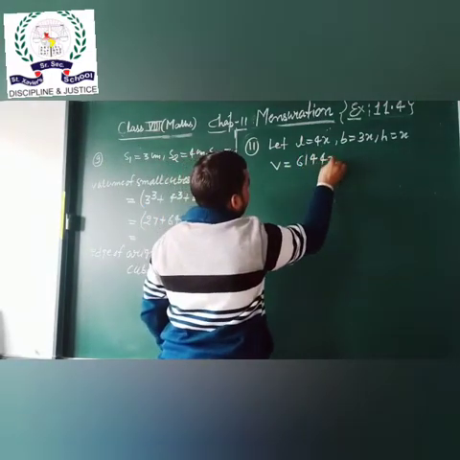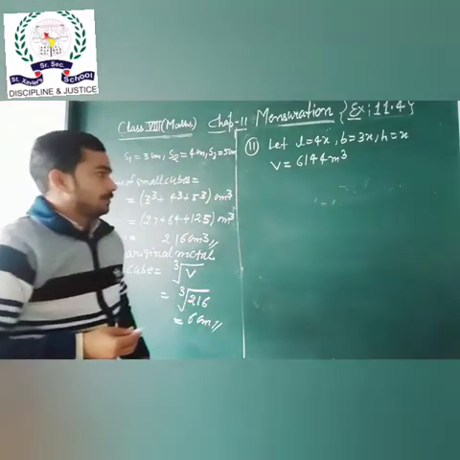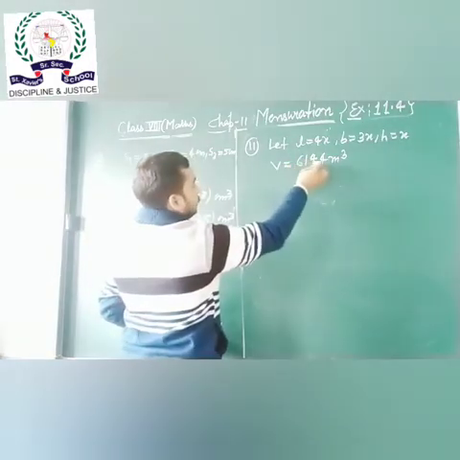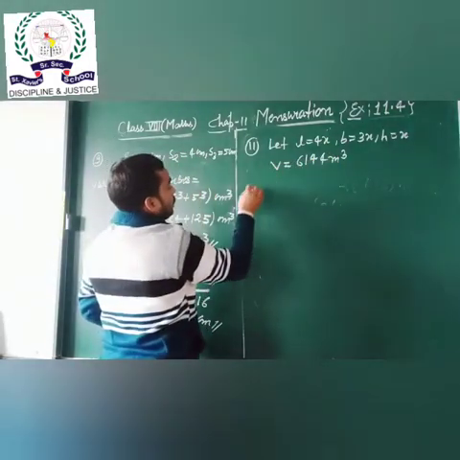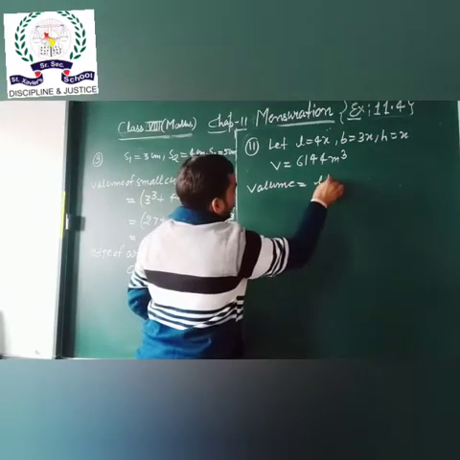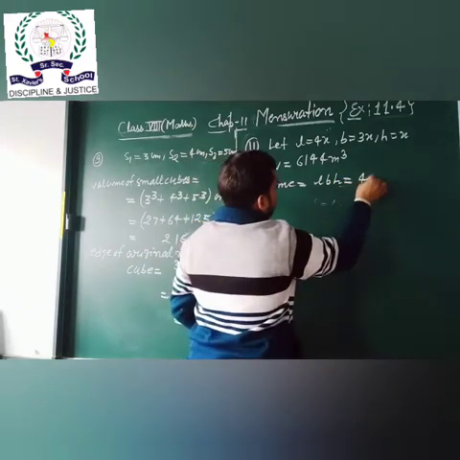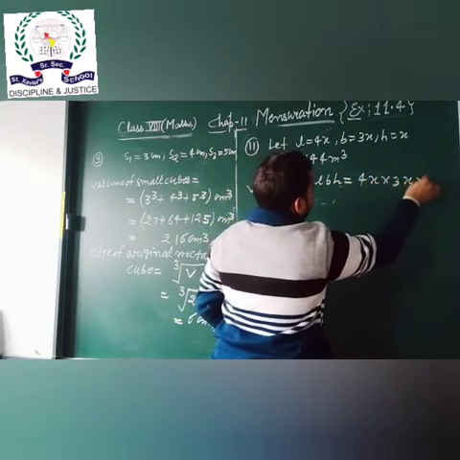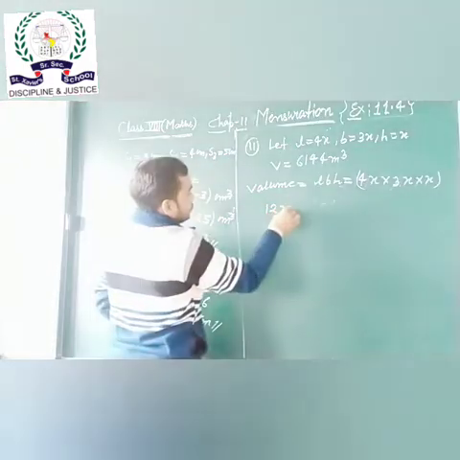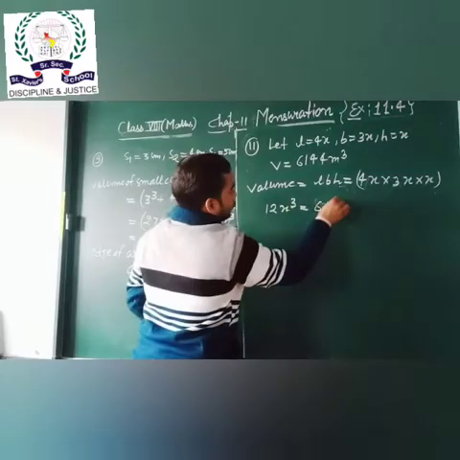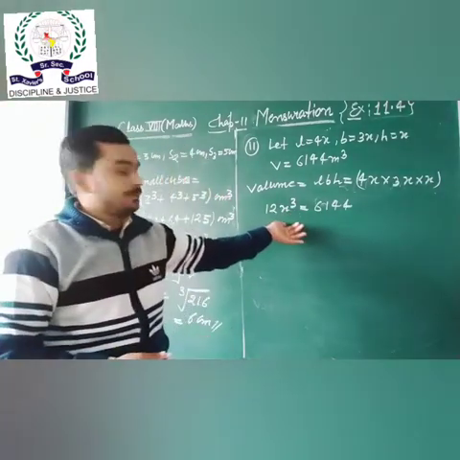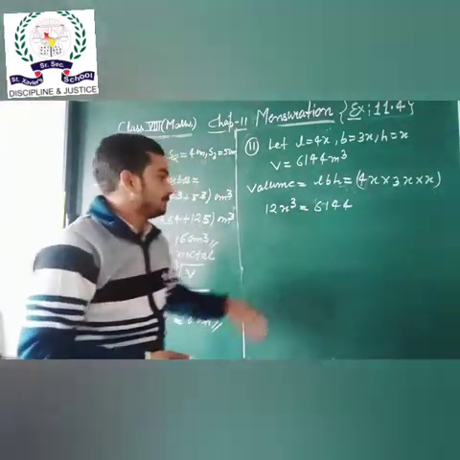In numerical value it is 6144 meter cube, and apply the formula of volume of cuboid. So volume equals length into breadth into height. So 4x into 3x into x. 4 3s are 12, so 12x cube equals 6144, because both are the value in terms of variable and in terms of numerical value.